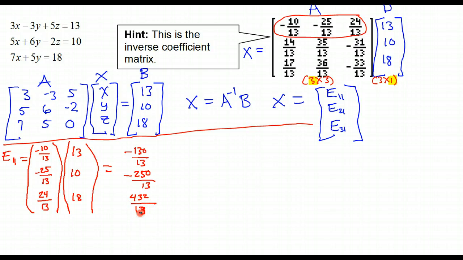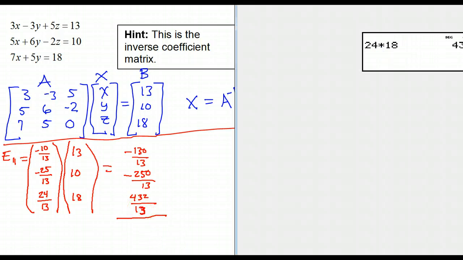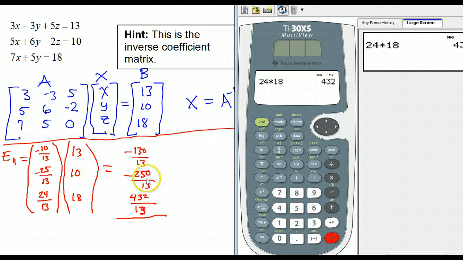Now you remember what we're supposed to do. We're supposed to take all of these and add them up, and that should give us our first element. So let's just use a calculator to help us out. So we've got negative 130 over 13.